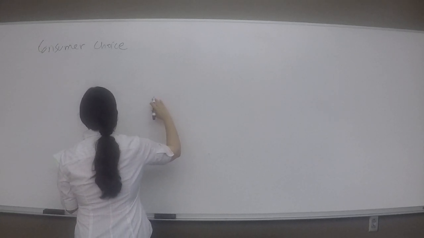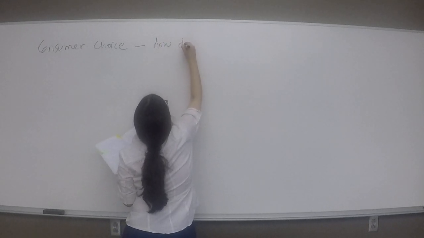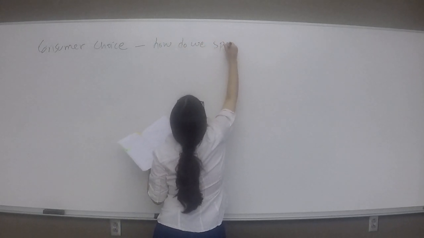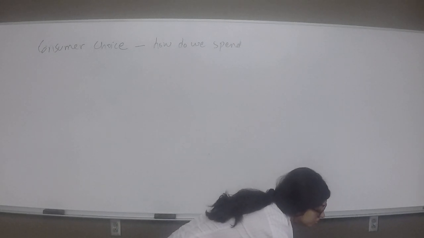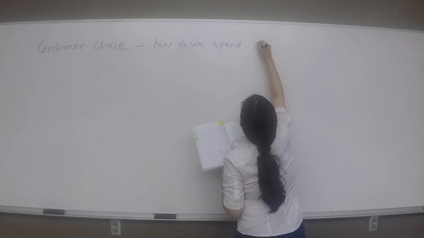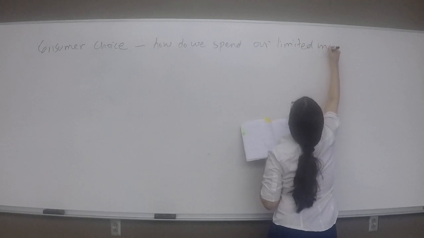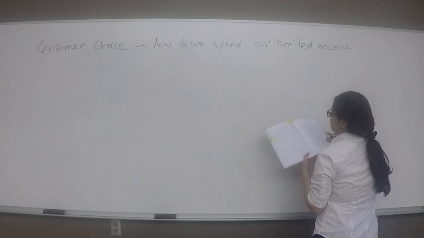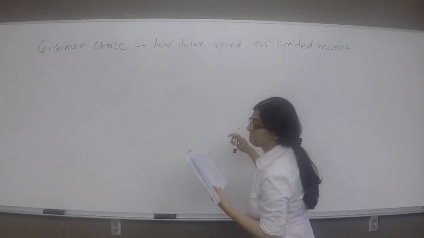How do we spend our limited income? Consumer choice is how do we spend our limited income. What information is needed?